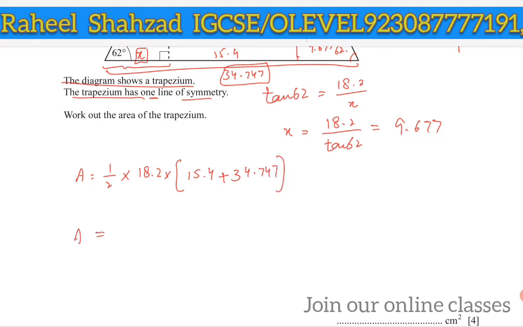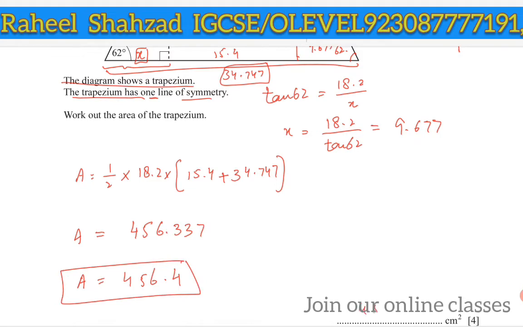You put the whole thing in the calculator and you get 0.5 into 18.2 into 15.4 plus 34.747, and this is coming to 456.337. So the area is equal to 456.4.